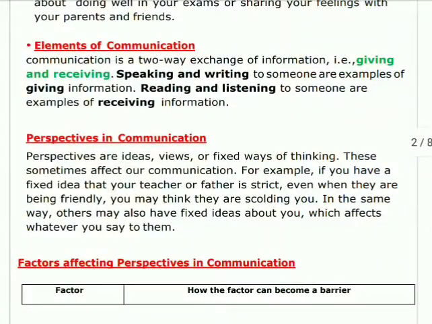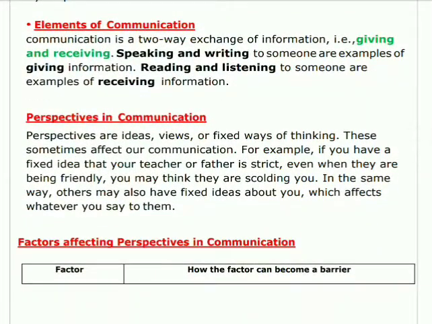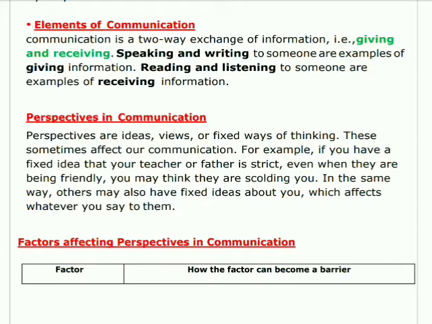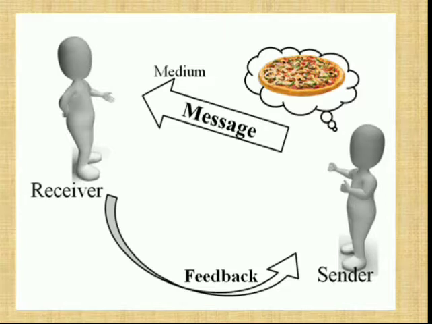Very nice. So now let us learn some elements of communication. Elements means the things which are necessary for communication. Communication is a two-way exchange of information, giving and receiving. Speaking and writing to someone are examples of giving information. Reading and listening to someone are examples of receiving information.